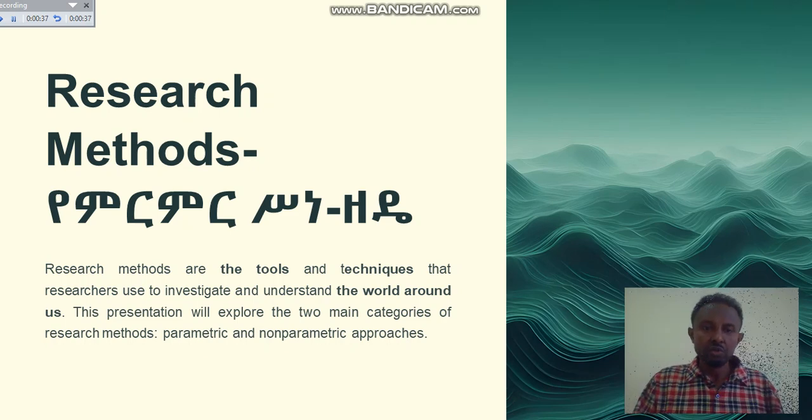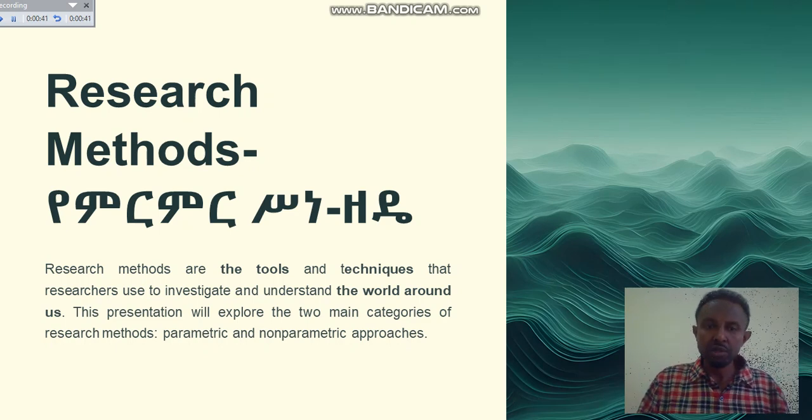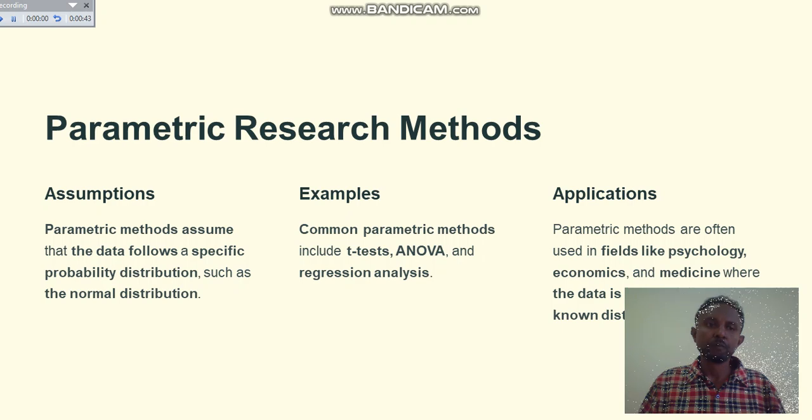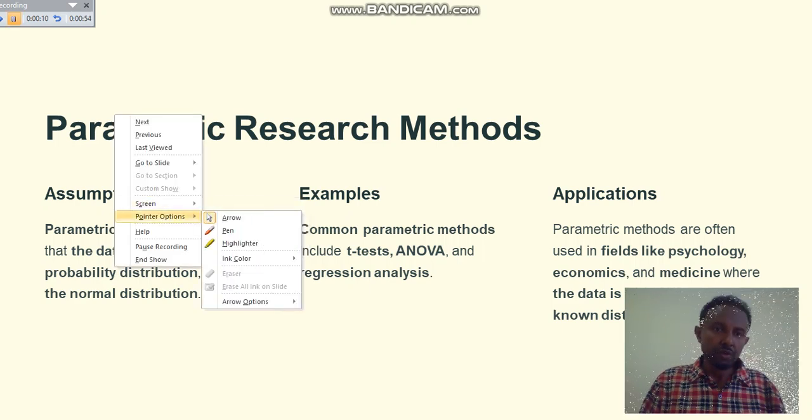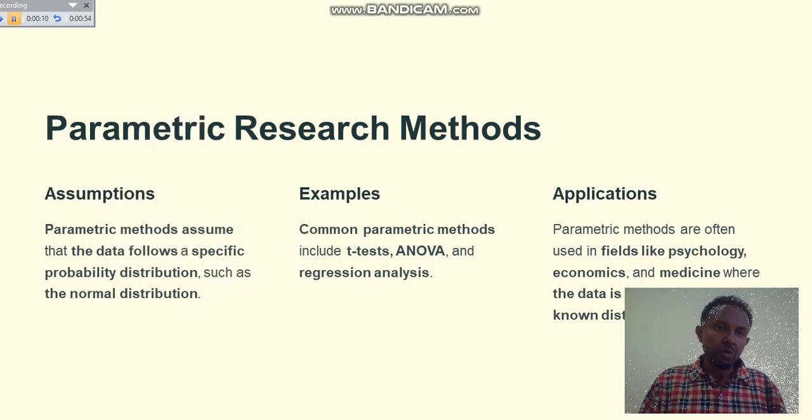This presentation will explore two main categories of research methods, the parametric and non-parametric approaches. In the parametric approach, in the assumption part, the distribution of data is expected to be normal.